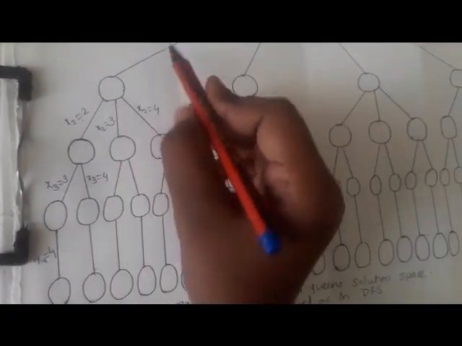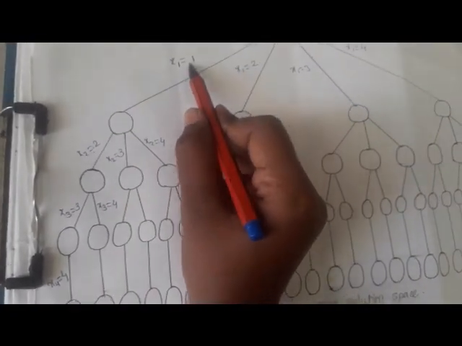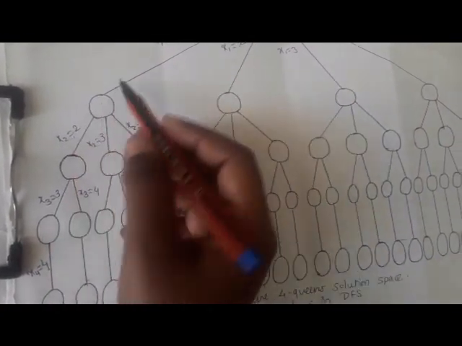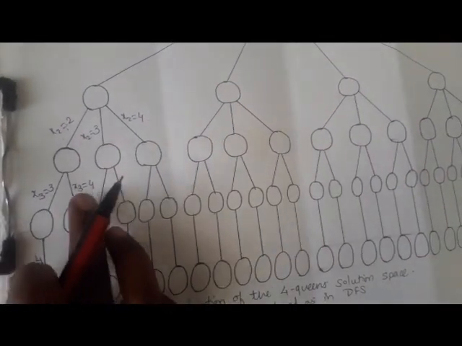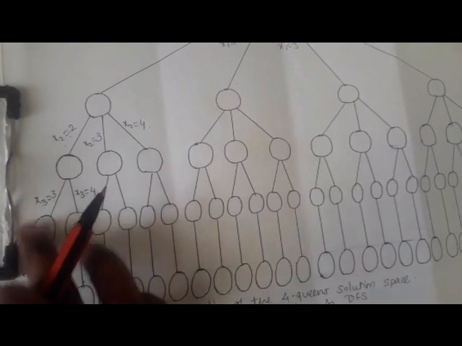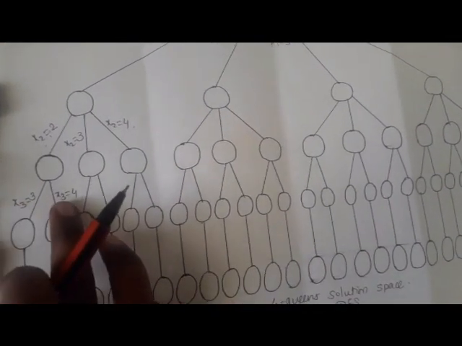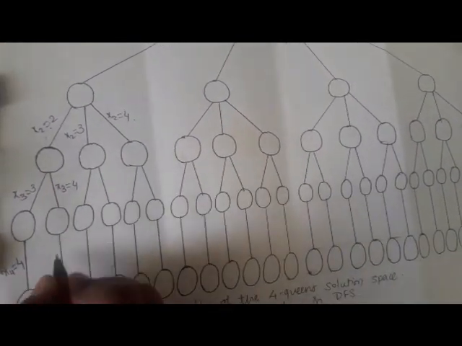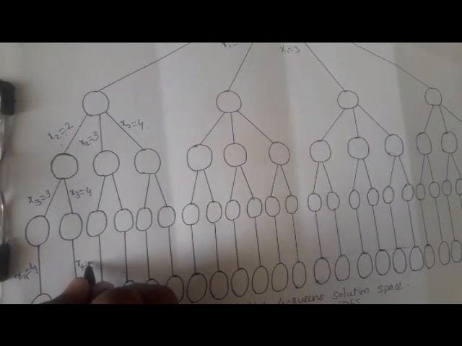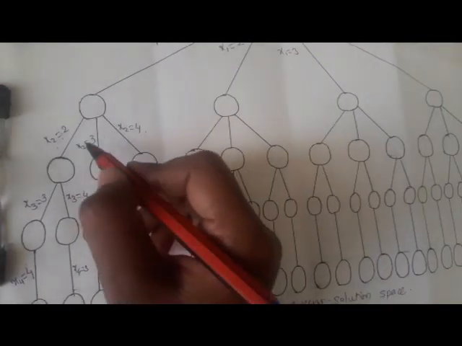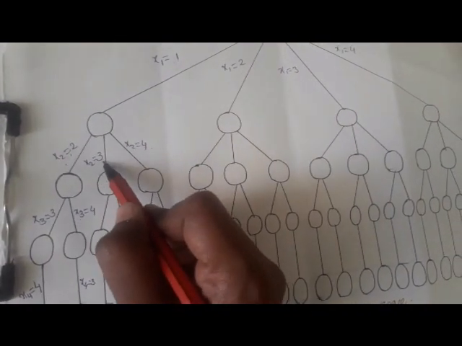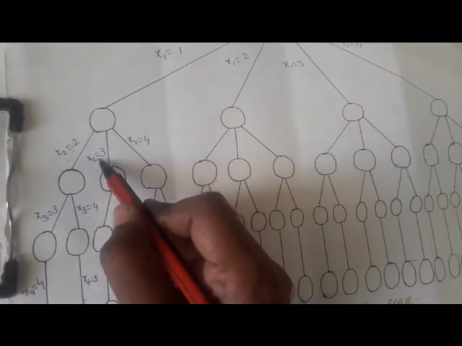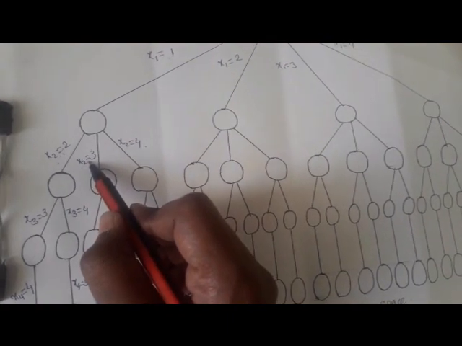Now in this way x1 is equal to 1, x2 is equal to 2, it means first and second rows are there. Then third and fourth were remaining, so the third row was completed. Now x3 is equal to 4 and here x4 is equal to 3. Now x1 is equal to 1, x2 is equal to 3, 1 and 3 are completed, only 2 and 4 are remaining.